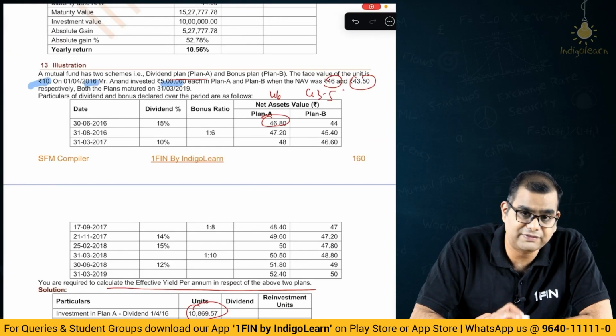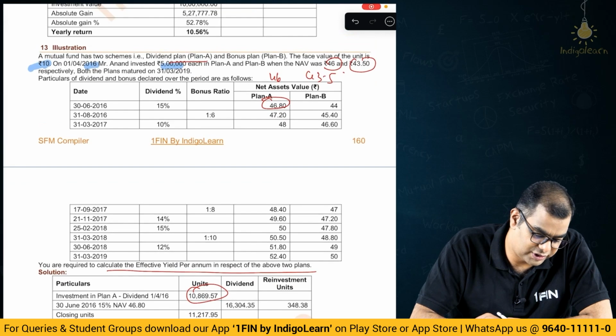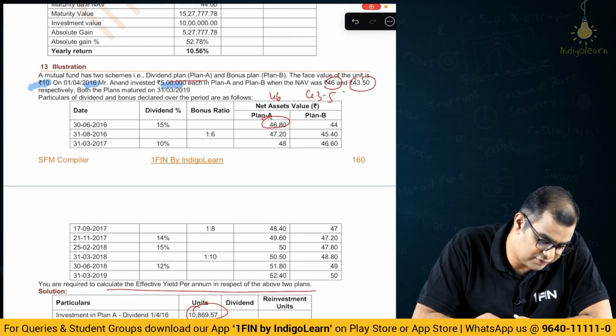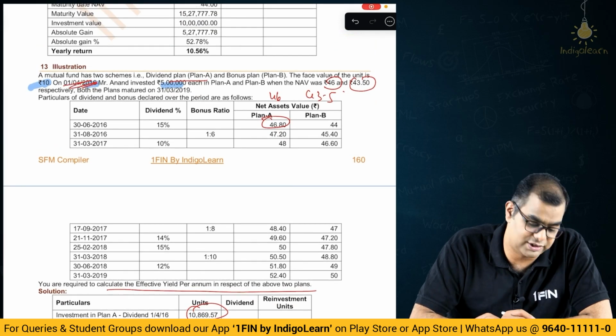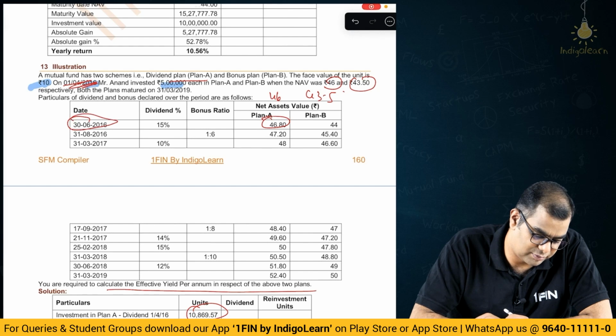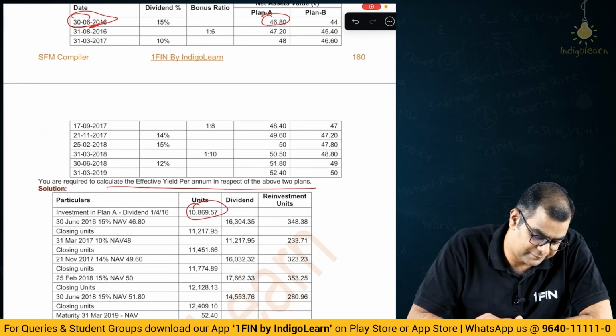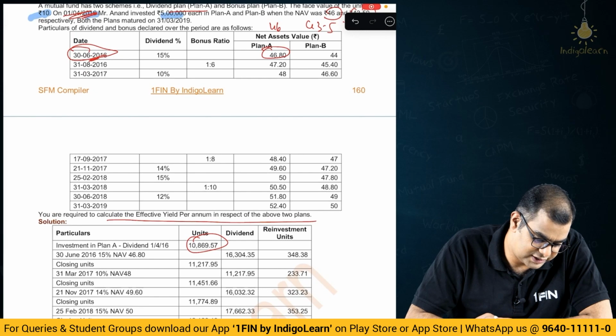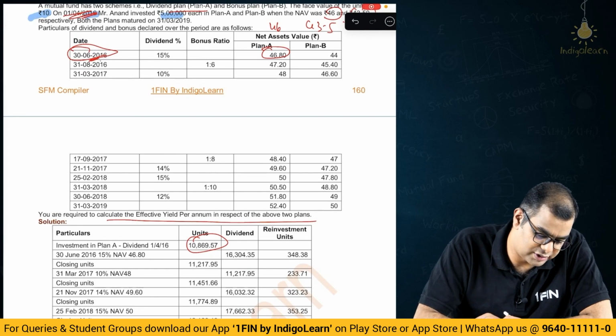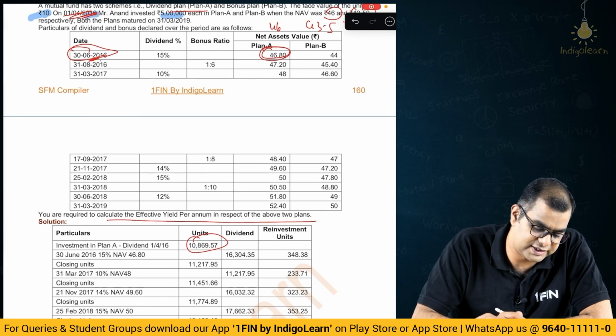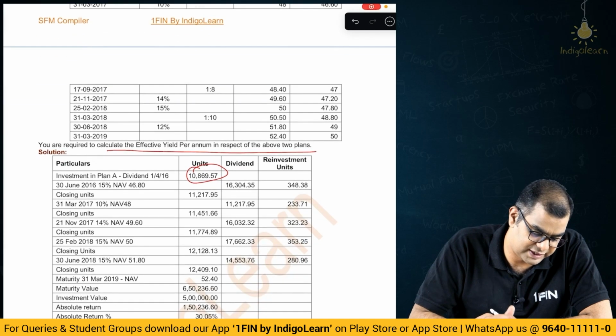Then those are the initial units. Now, for these units, what has happened? This was invested on 1/4/2016, whereas the dividend, or rather the bonus, was declared subsequent to that. Let us first look at plan A, which is the dividend plan. On 30th of June, when NAV was 46.8, a dividend of 15% was declared.